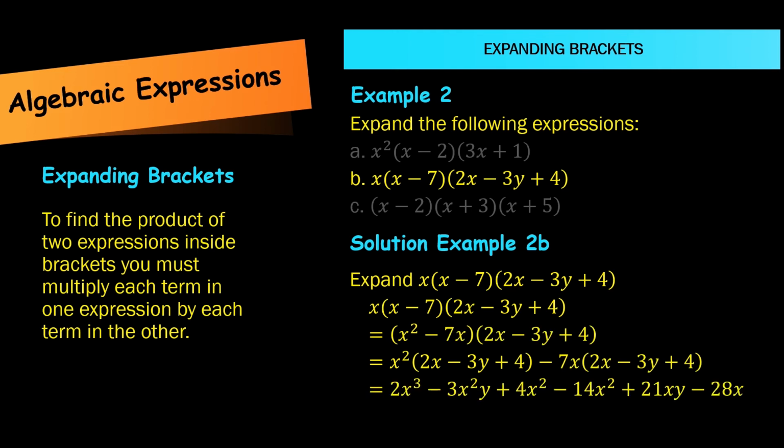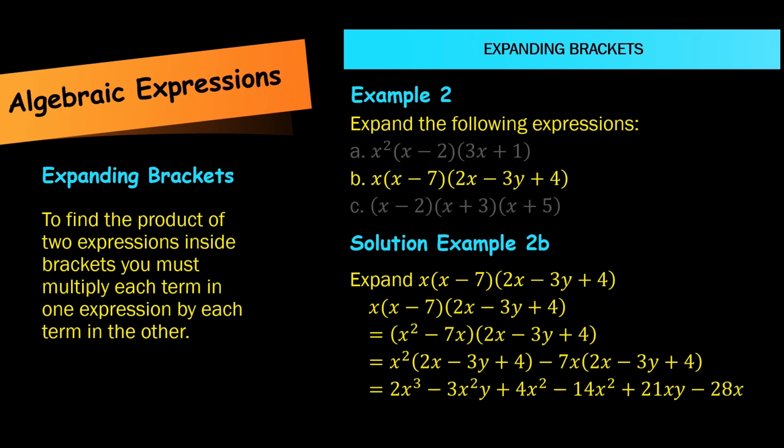And then expanding again, x squared times 2x, x squared times minus 3y, x squared times 4, minus 7x times 2x, minus 7x times minus 3y, and minus 7x times 4, to give us the expression shown.